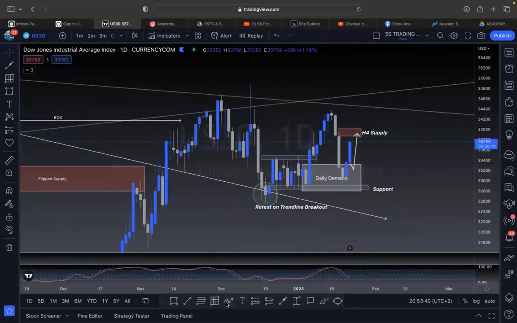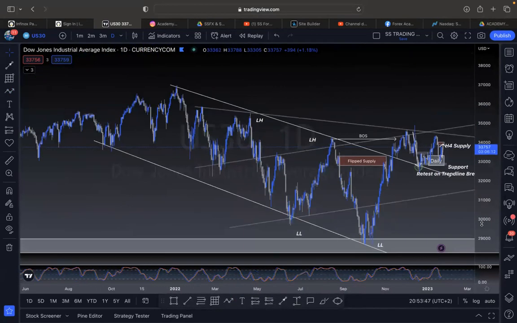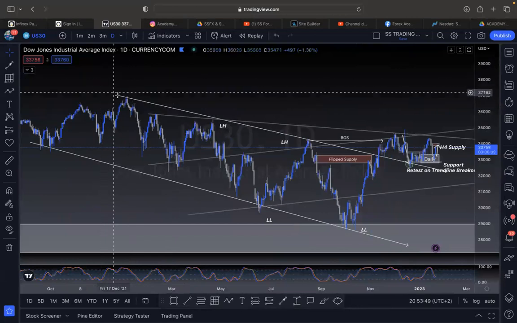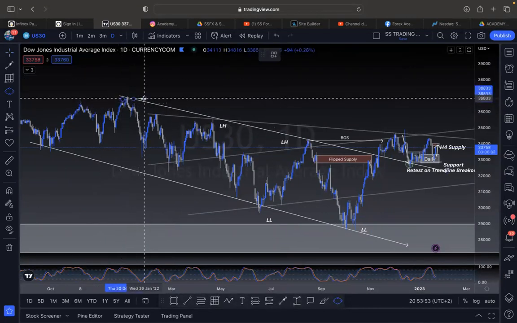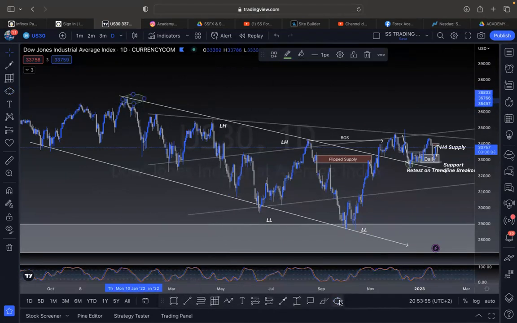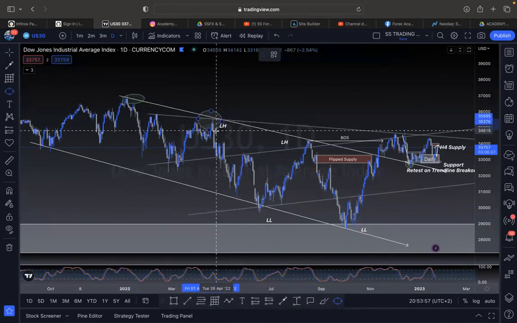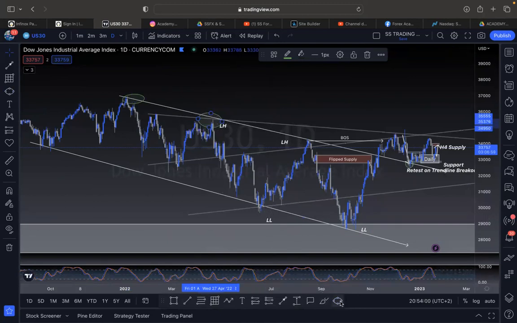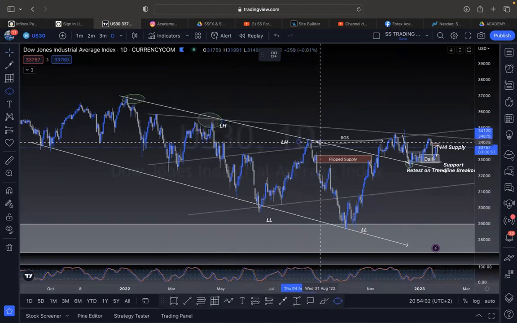We can also see that price did come back for that retest on the trend line breakout. And I'm talking about this major trend line here, where you've got the first touch there. Remember, you must have 2 or more touches. So your minimum is 2 touches to identify a proper trend line.